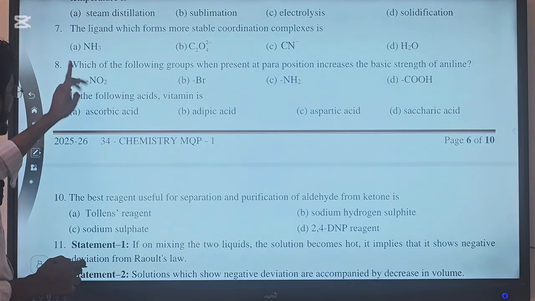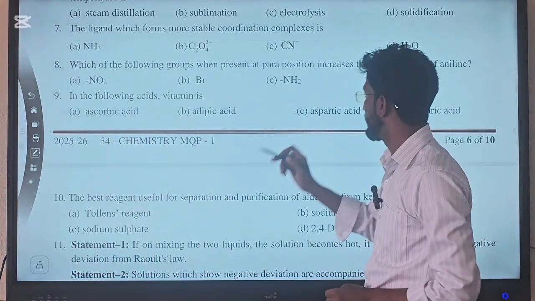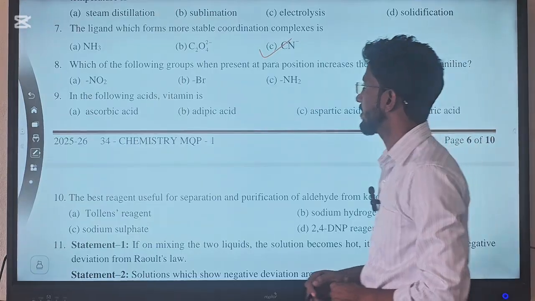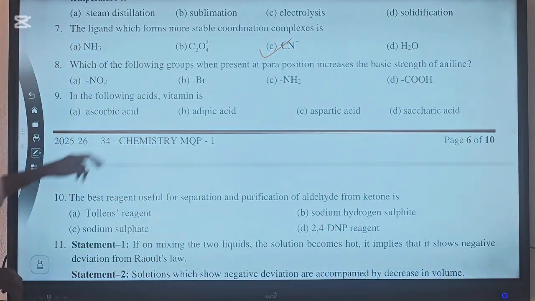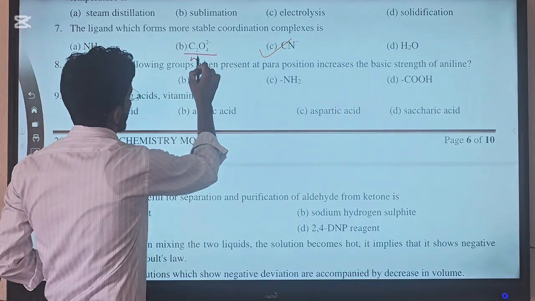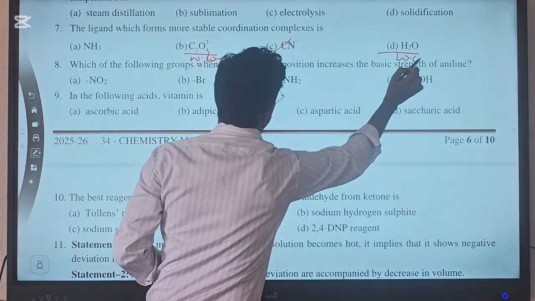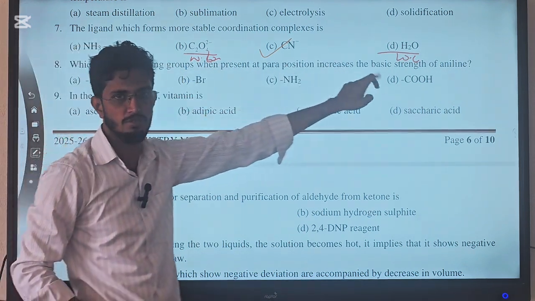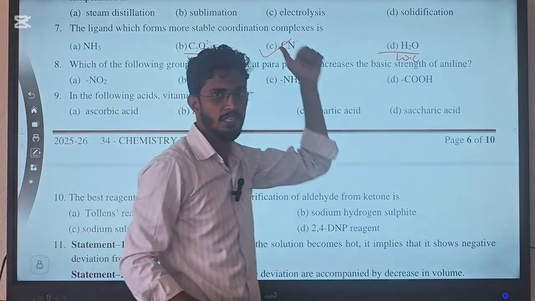In the series of ligands, we know the most powerful ligand is CN minus. That's why the answer will be C. H2O is a weak ligand, while NH3 and CN minus are strong ligands. Out of these two, CN minus is stronger than NH3.